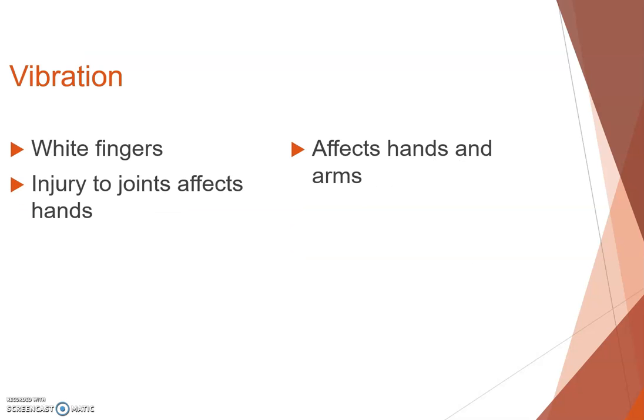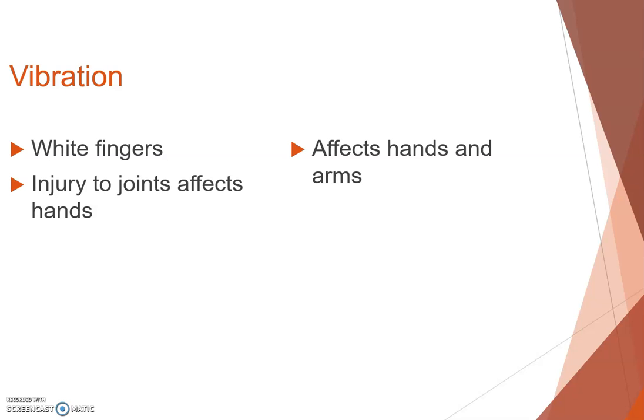Then coming to vibration. When a person is exposed to vibration for a longer period of time, most of the time it affects the hands and arms of the persons. When they are exposed to vibration for months or years, the fine blood vessels of the fingers may become increasingly sensitive to spasm and lead to something called white fingers.